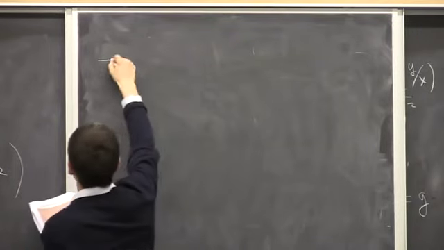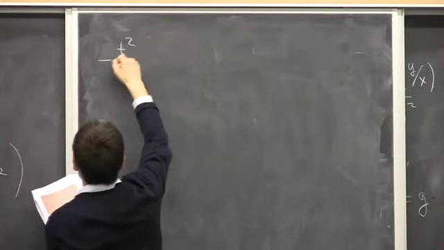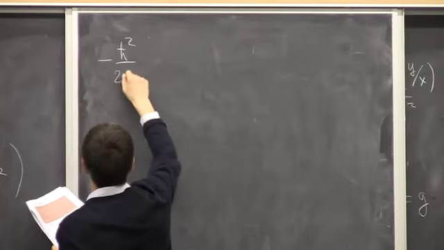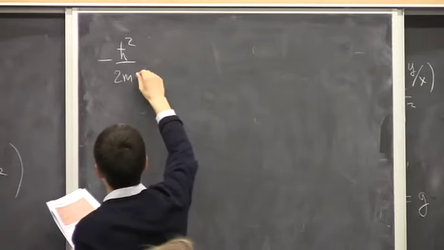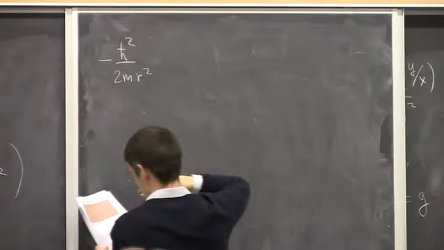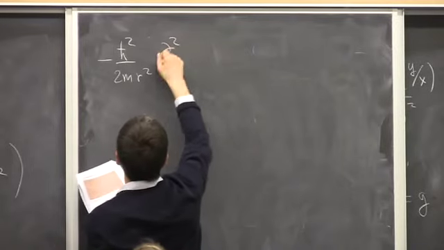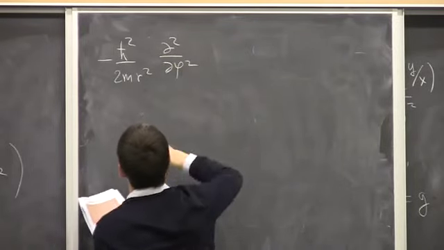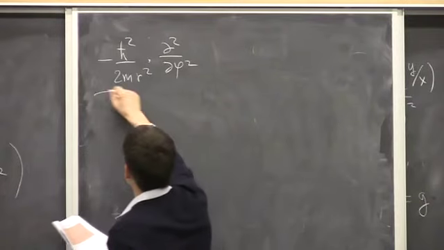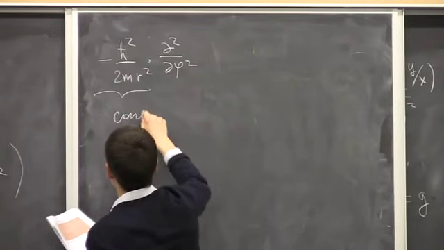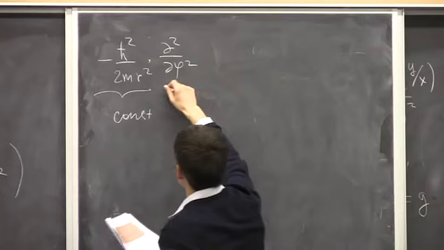Like with all the constants, Hamiltonian will look like this. We put back h bar squared over 2m r squared, and we have a second derivative with respect to phi, right? So this is pretty much a constant, and this is our second derivative.